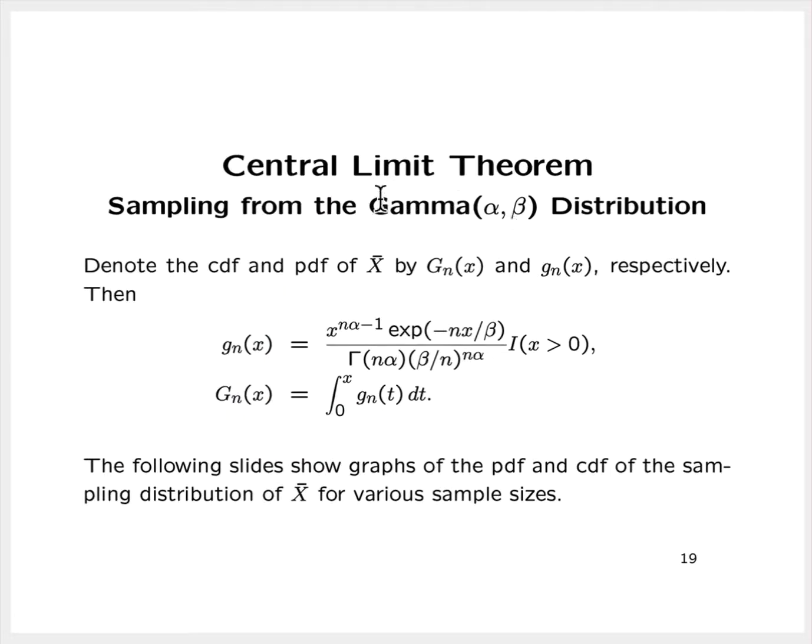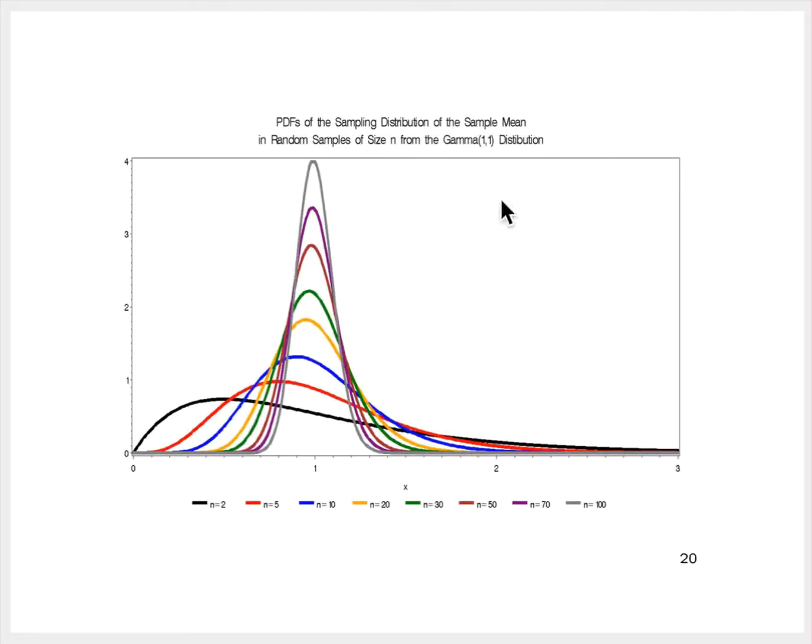If we're going to look at a concrete example, we have to use particular values for alpha and beta. And so I just used alpha equal to 1 and beta equal to 1. Now, these different graphs correspond to the PDF of the sample mean for various sample sizes, starting at 2 and going up to 100.